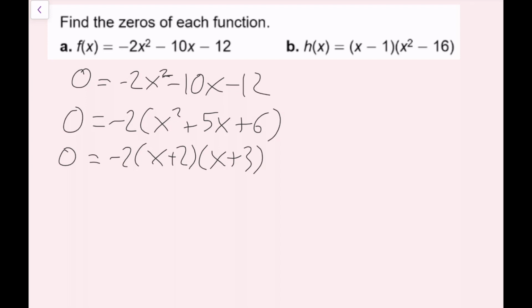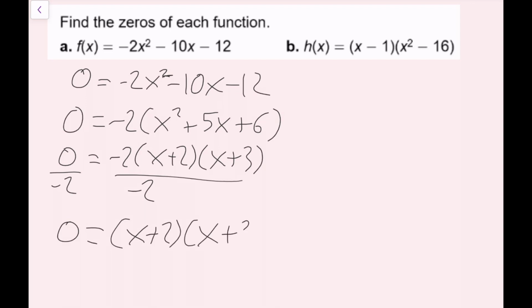So I can just set all of these equal to 0. Anytime there's just a coefficient out here, I can divide it out, because 0 divided by any non-zero number is 0. So I can divide by -2 on both sides. So I get 0 equals x plus 2 times x plus 3. Now you could set both of these equal to 0, or you could just ask what number for x will make each of these equal to 0.